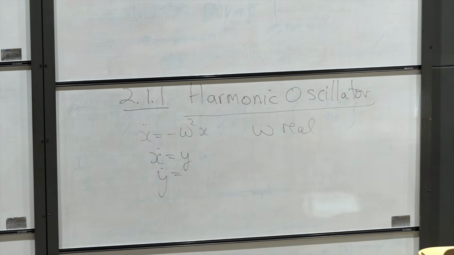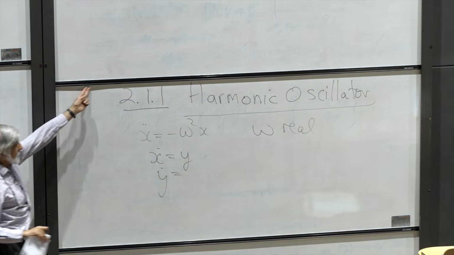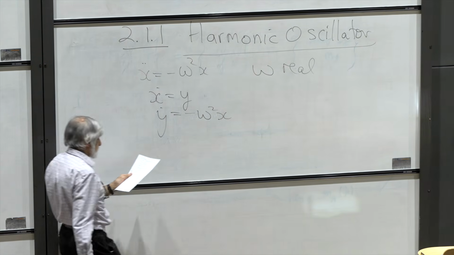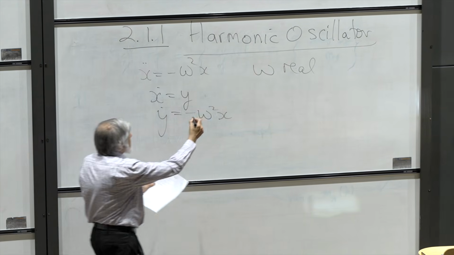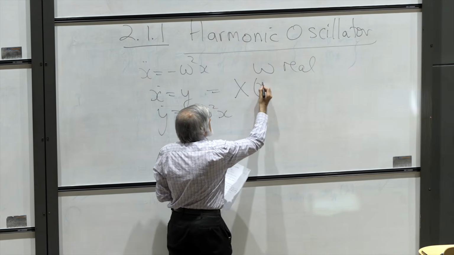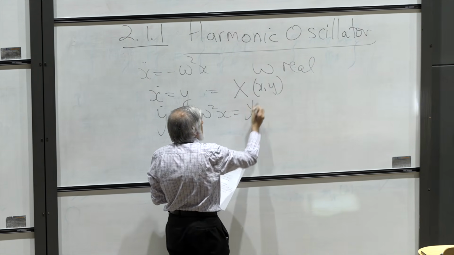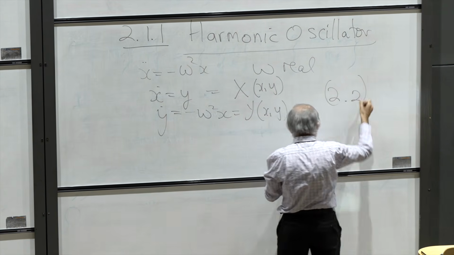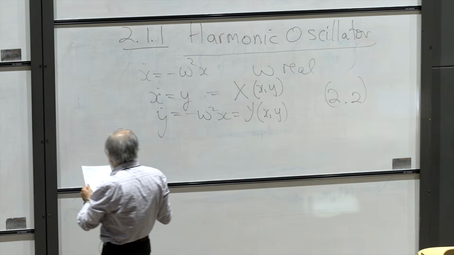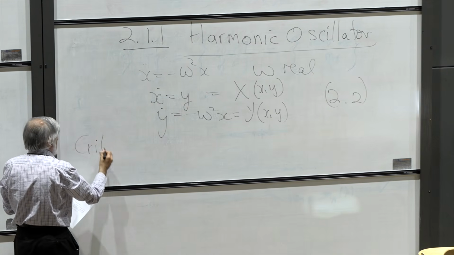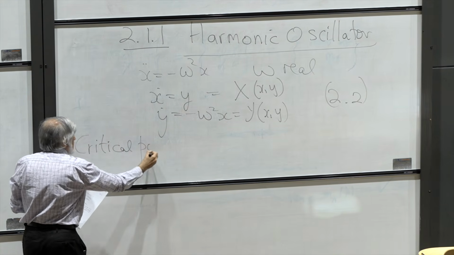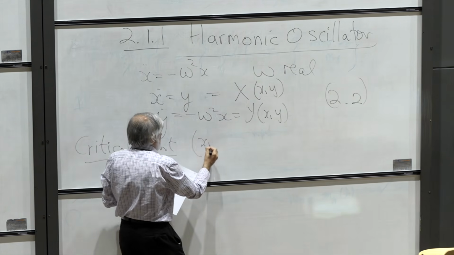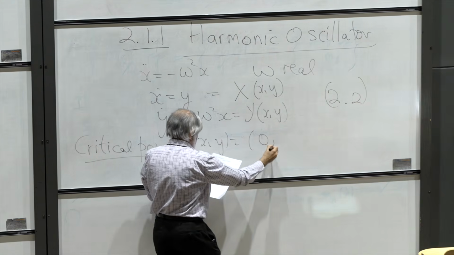Well, y dot is x double dot, which is minus omega squared x. So that's big X, and this is big Y. And this has critical point at x, y equals 0, 0.